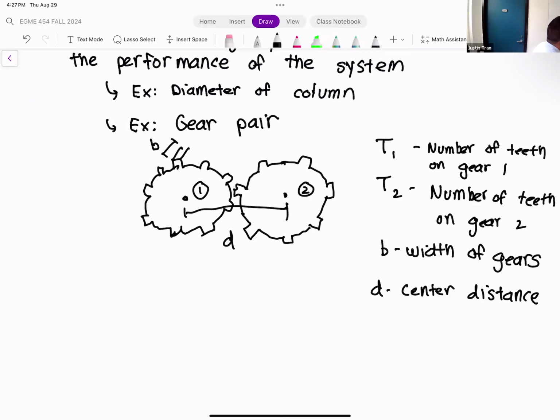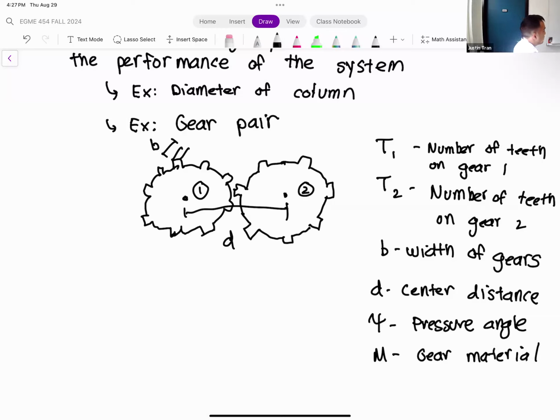And then we may also have some parameters like maybe the pressure angle of the teeth. We'll call that psi. And then let's say that the material is also one. So all six of those quantities: T1, T2, B, d, psi, and the material. And the material, technically, there's more than one parameter there. All of these things count as design variables because if you modify the number of teeth on one of the gears, that's going to affect the mechanical advantage.